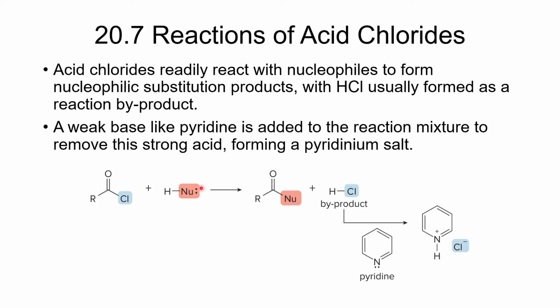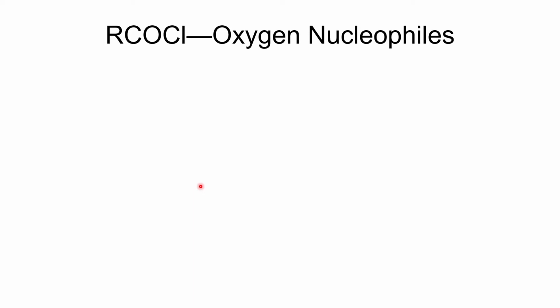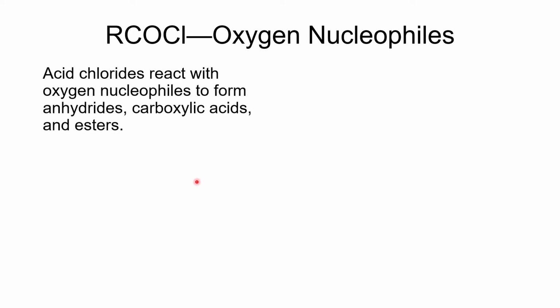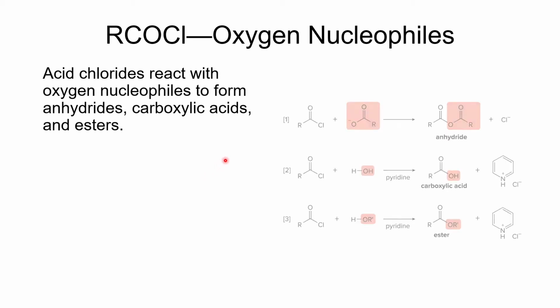Let's look more closely at some of the other reactions. So we can use oxygen nucleophiles: either water, an alcohol, or a carboxylate. If we use a carboxylate with an acid chloride, we can get the acid anhydride plus chloride as our product.